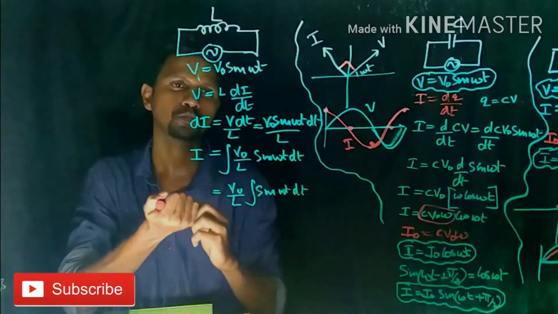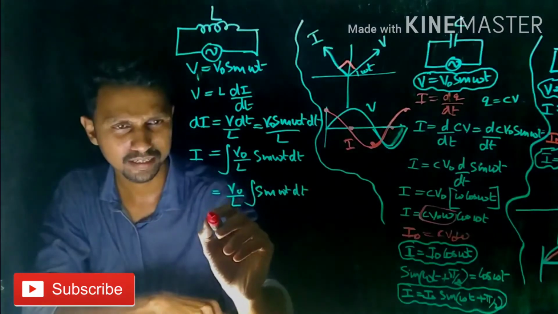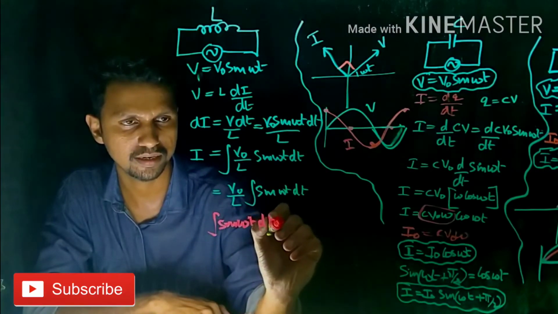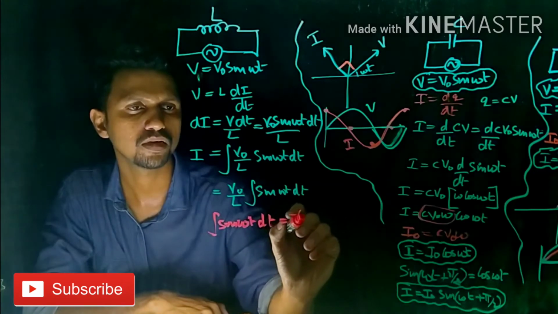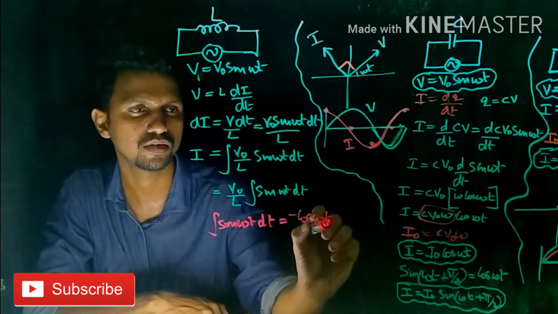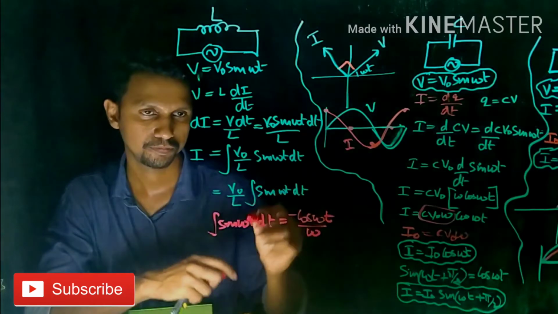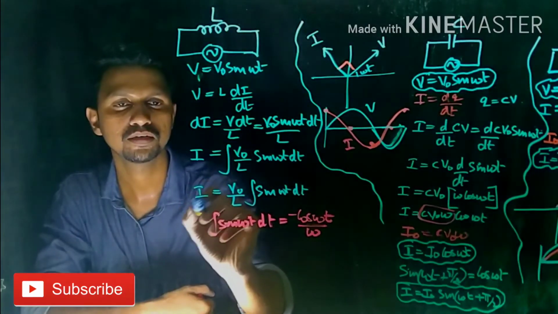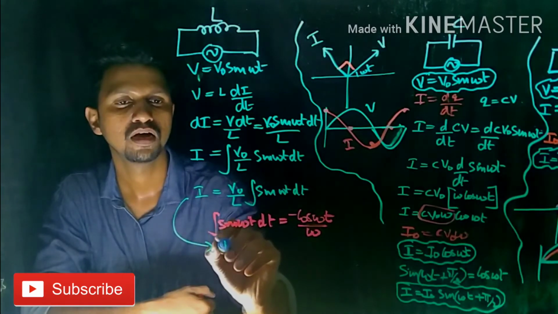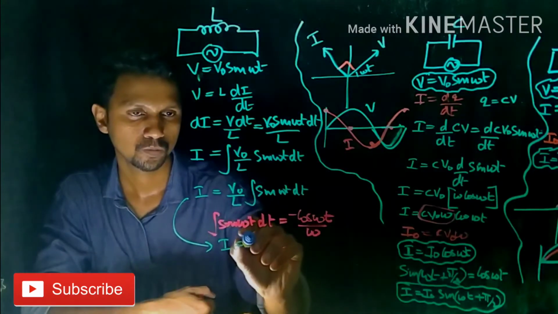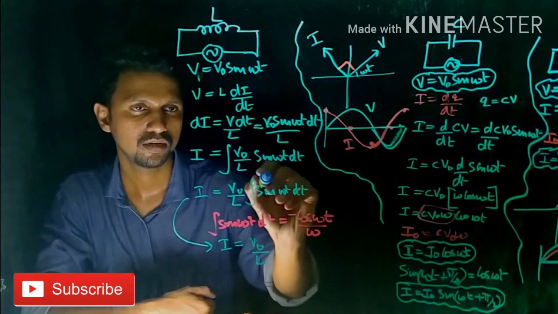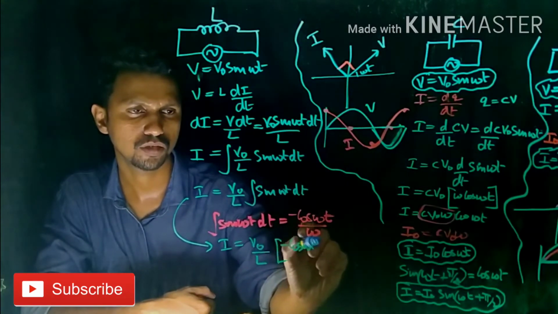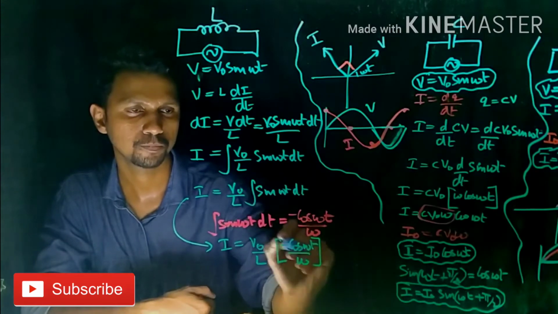As we all know, the integral of sin omega t dt is minus cos omega t by omega.